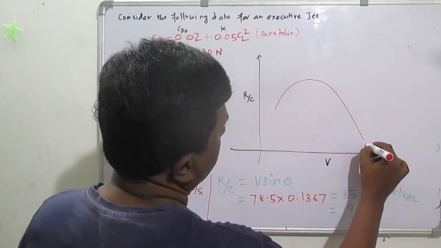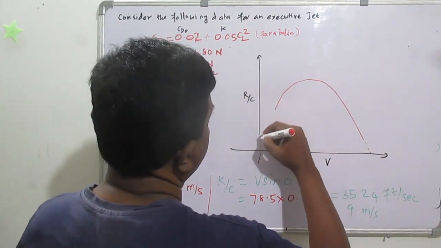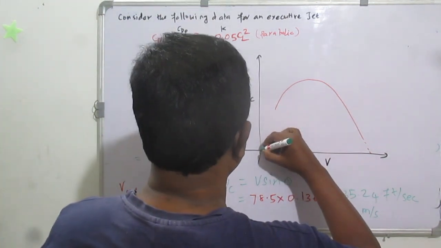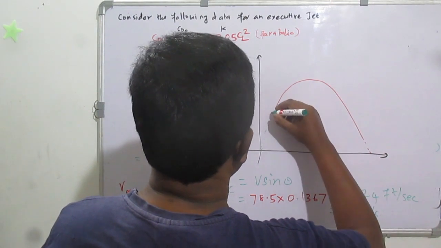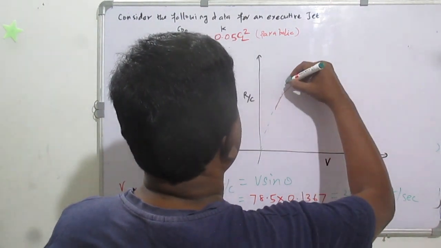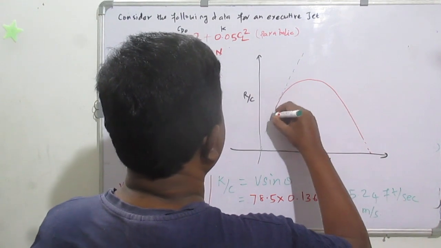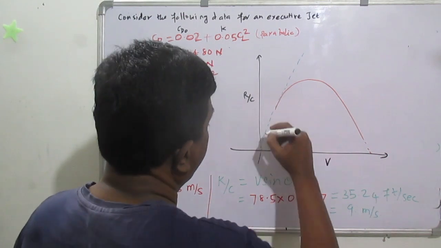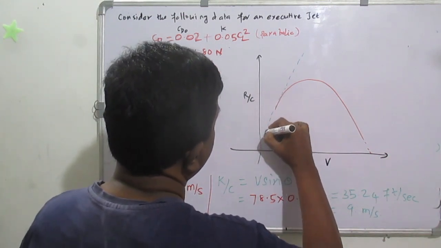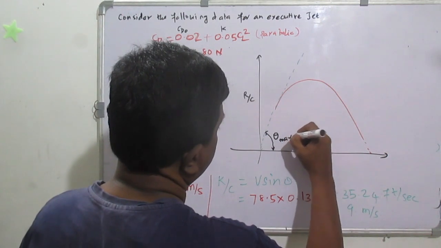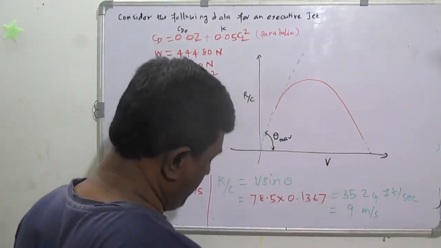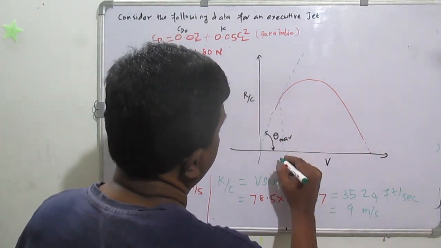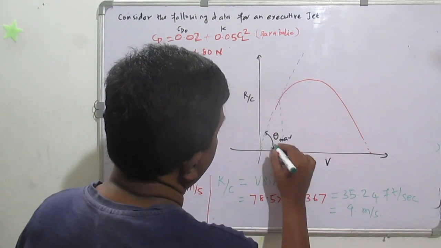Here we find the maximum angle of climb. If you draw the tangent to this graph, this angle is theta max. The velocity here is the velocity for maximum angle of climb.